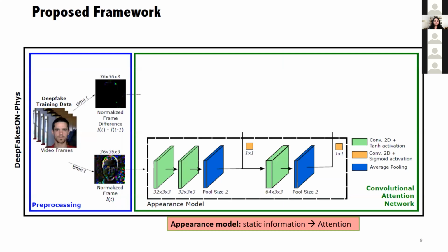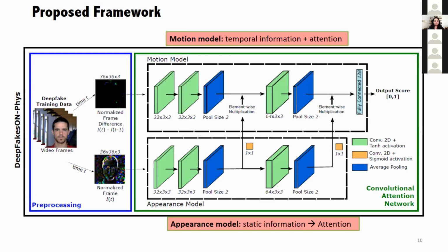The second stage of the framework consists in the proper convolutional attention network, which is composed of two different branches. The first CNN branch is the appearance model. This branch focuses on the analysis of the static information of each video frame, and it has the target of providing the entire network with information about which points of the current frame may contain the most relevant information for detecting deepfakes. The input of this branch are the normalized frames.